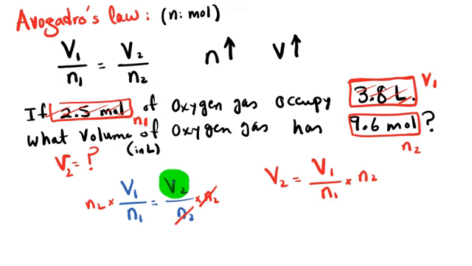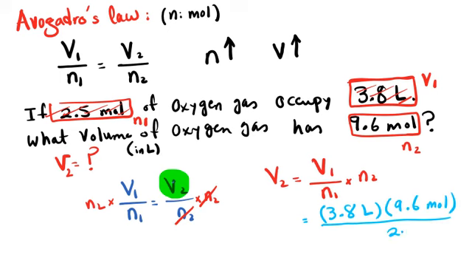Let me plug in the numbers: V1 is 3.8 liters, N2 is 9.6 moles, over N1, 2.5 moles. Moles and moles cancel out, and we are going to have liters as the final answer.